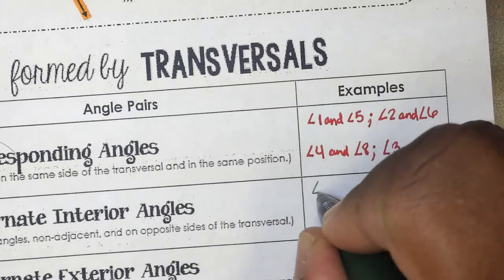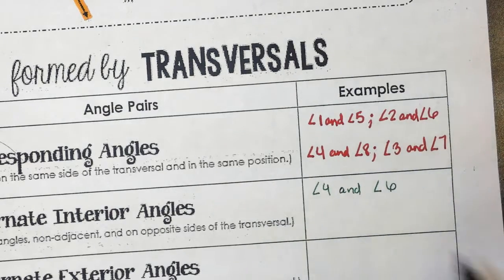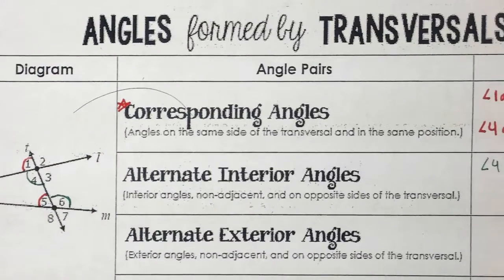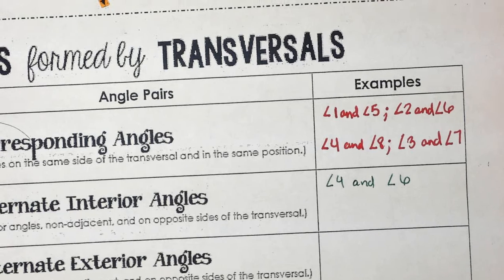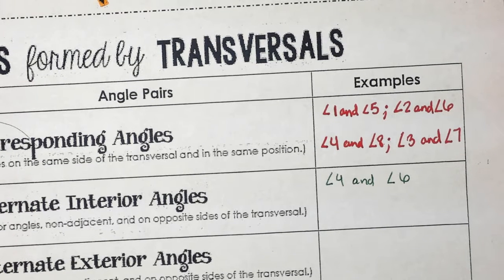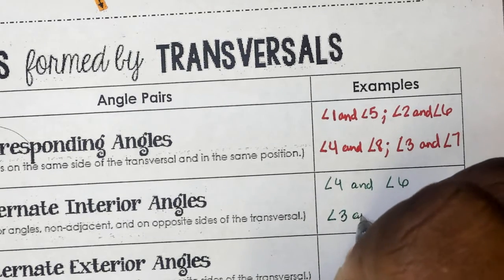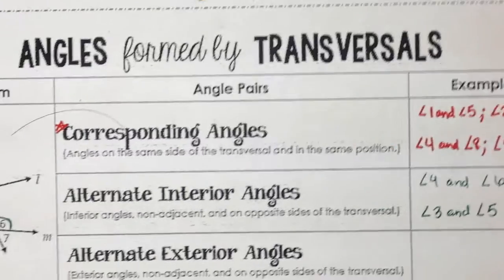So here angle 4 and angle 6. One, you got a chance to redeem yourself. What's the other pair of alternate interior angles? Angle 3 and angle 5. That is the other pair of alternate interior angles.